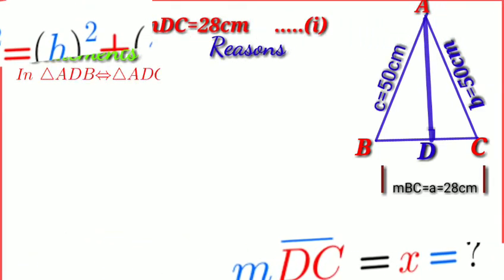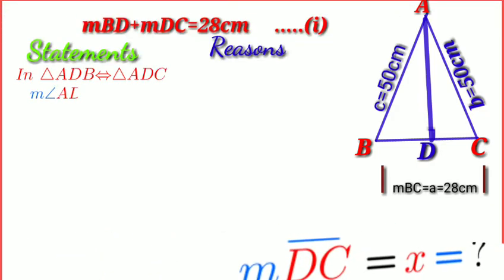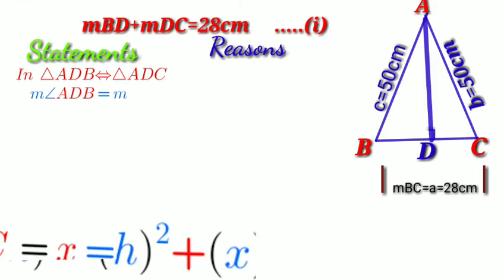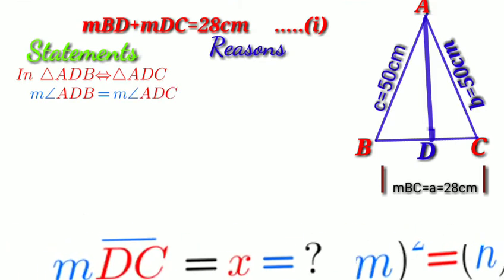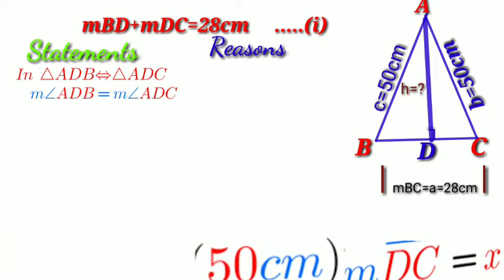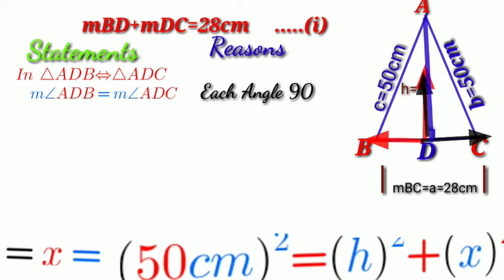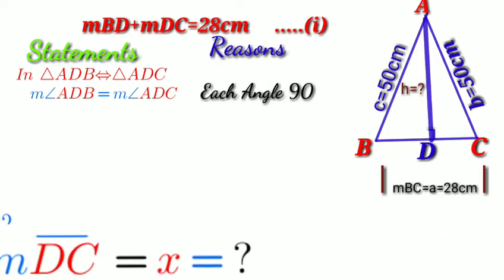In corresponding triangles, triangle ADB and triangle ADC, each angle is 90. That's why angle ADB and angle ADC are equal.